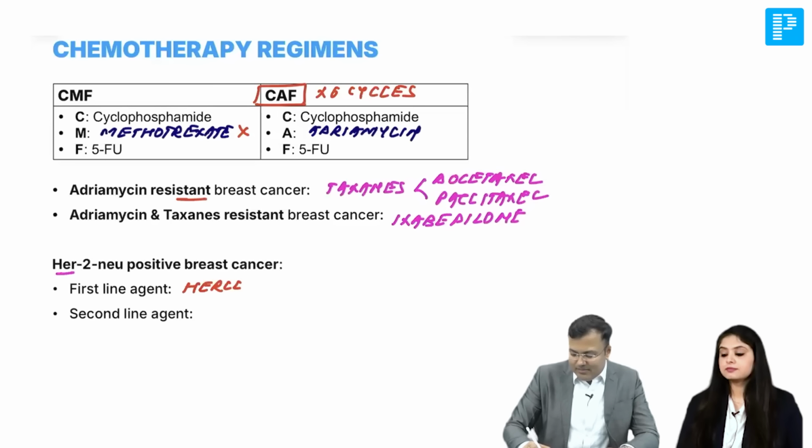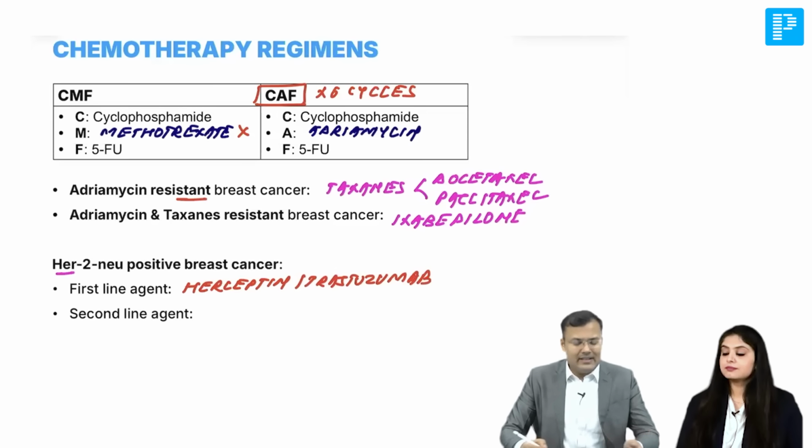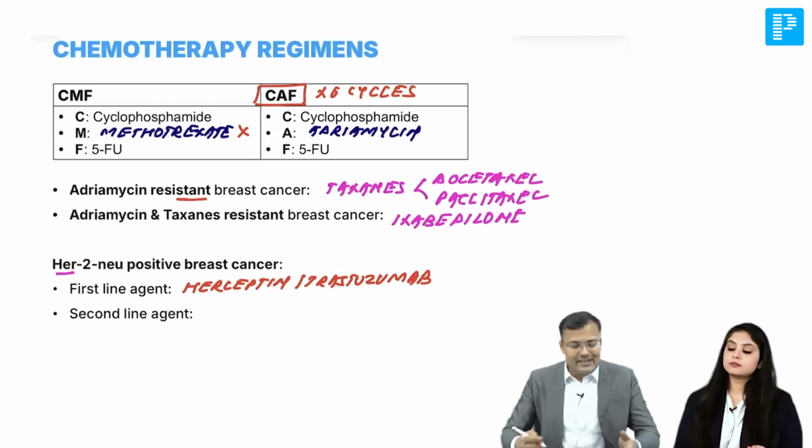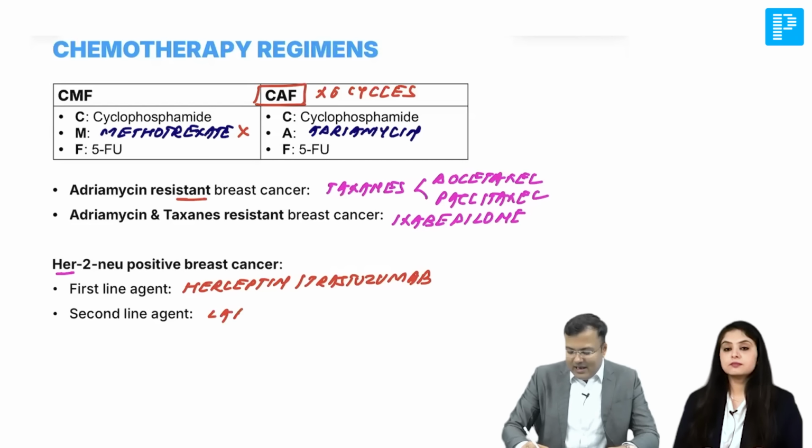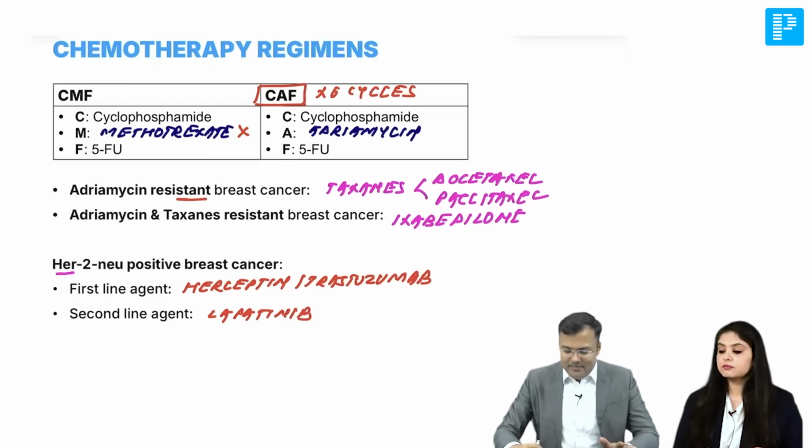HER2 neu, Herceptin, and the other name is trastuzumab. And you know that second line agent, this was asked in INI-CET, that patient who is having HER2 neu positive trastuzumab resistant breast cancer, we are giving lapatinib. So the name of agent, it's lapatinib.